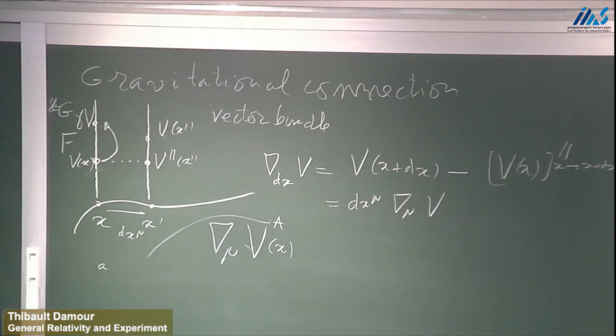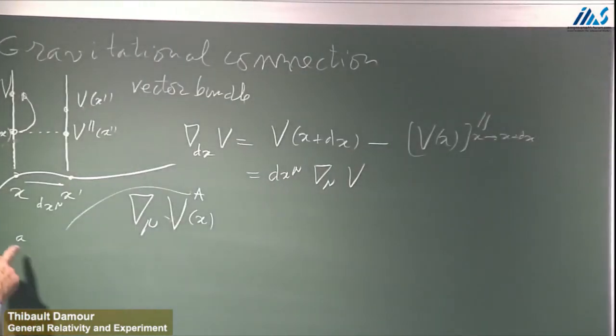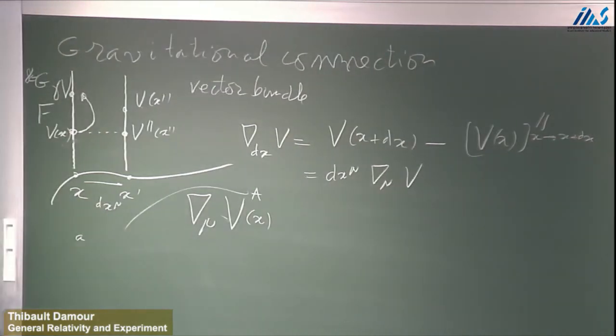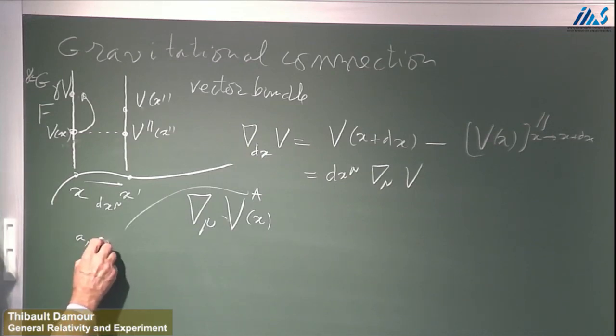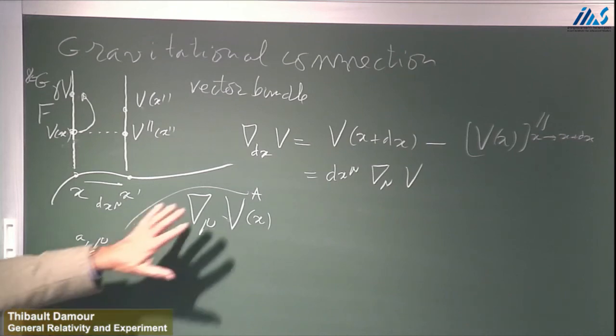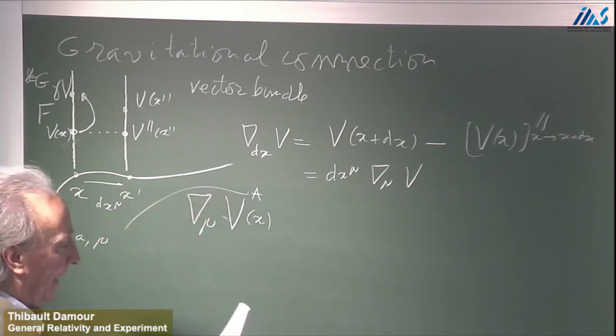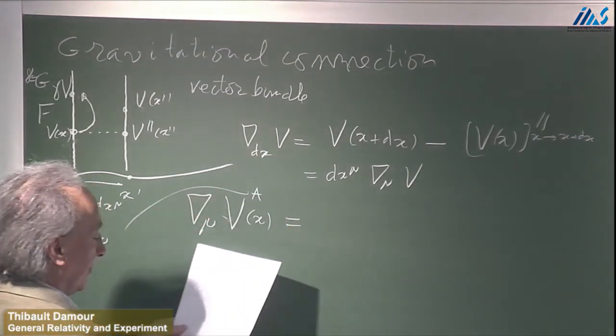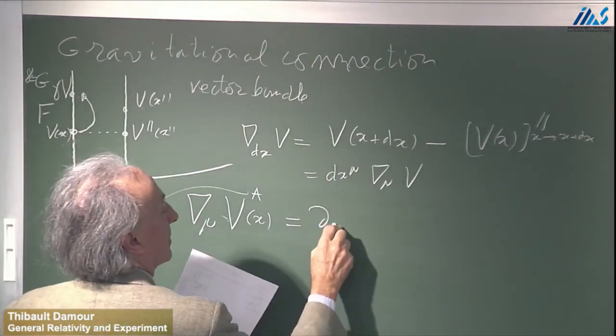If it is a doublet of SU(2), this is an index that takes two values. If it is a multiplet of SU(N), let's say fundamental, it takes n values, or something more complicated. And in addition, it can contain tensorial indices. Maybe this thing is also a vector, so it has maybe a mu or several tensor indices. Anyway, at this stage, it's just an index.